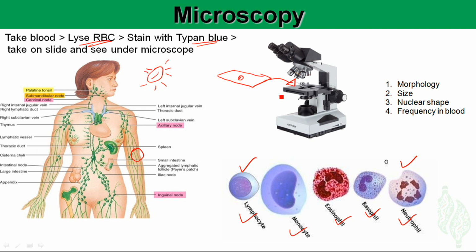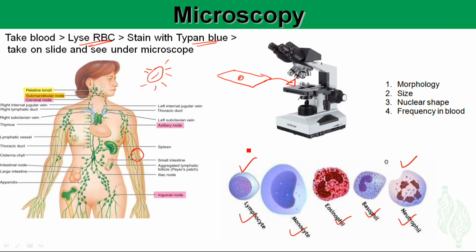In higher magnification, you can differentiate the lymphocyte and the monocyte, eosinophil, basophil, neutrophil clearly, but in normal magnification, these cells are a little bit difficult to distinguish. And also it depends on the source of the lymphocyte, because the human lymphocytes are bigger than the mice lymphocyte.